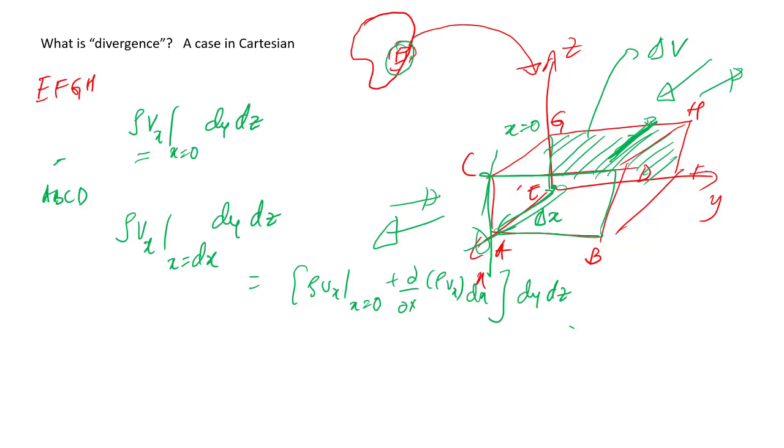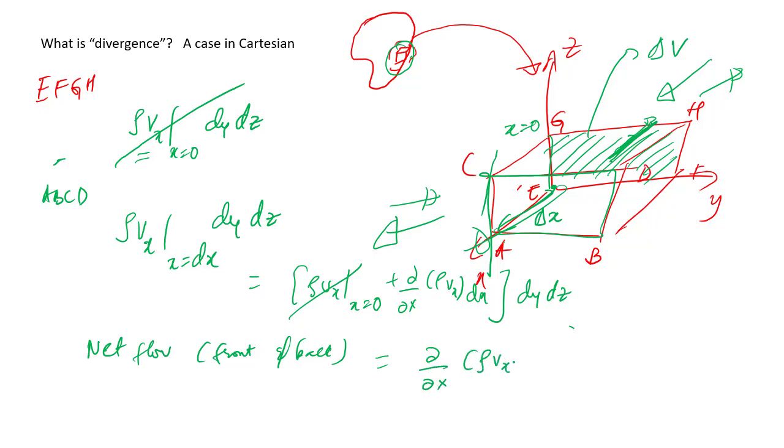If I do such a subtraction, the net flow out through the front and back faces would be, essentially, this term would cancel out, and the net flow would be given by dou by dou x of rho Vx dx dy dz. This dx comes from the Taylor expansion here. The same thing would happen for the side faces and the top and bottom faces.